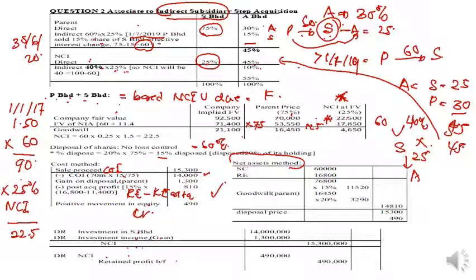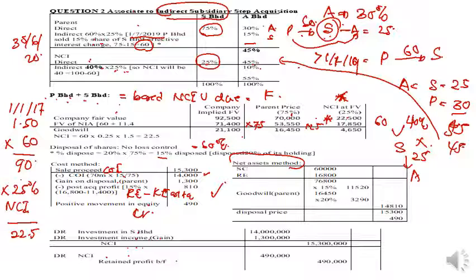Okay, so we look here at the acquisition date, parent has 75% in S, which means that NCI has another 25%. And then you dispose of this one on 1st of July 2019. The financial year end was on 30th of June 2020.